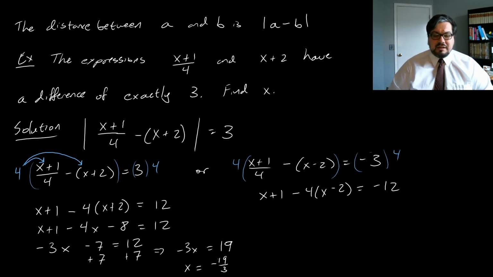And continuing on, actually working out this left-hand side is going to be exactly the same as before. So we're going to get negative 3x minus 7 is equal to negative 12. We'll add 7 to both sides, get negative 3x is equal to negative 5. Divide both sides by negative 3 and get x equals 5 over 3.